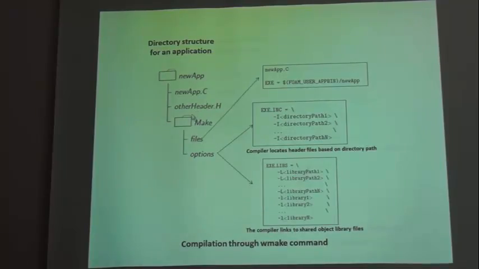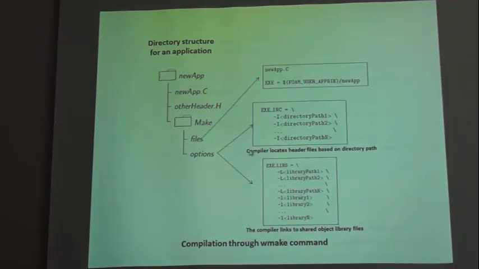For compilation, OpenFOAM uses the wmake feature, and it normally looks for details in the Make subdirectory, in these two files. The files file contains a list of all the .C files which have to be compiled, and the executables are generally stored in the user directory. You can always change it too.